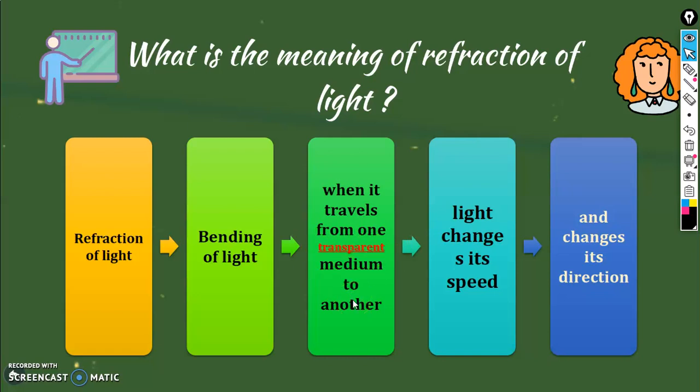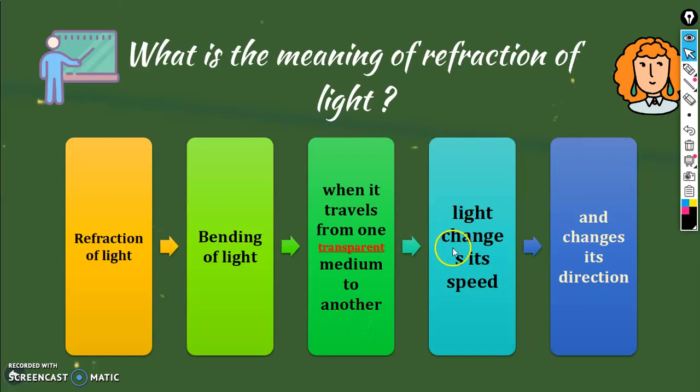As we have seen in the different examples that I showed you, from the air to the water, and both of them are transparent, which means شفاف. So once the light ray travels from one transparent medium to another, what will happen?